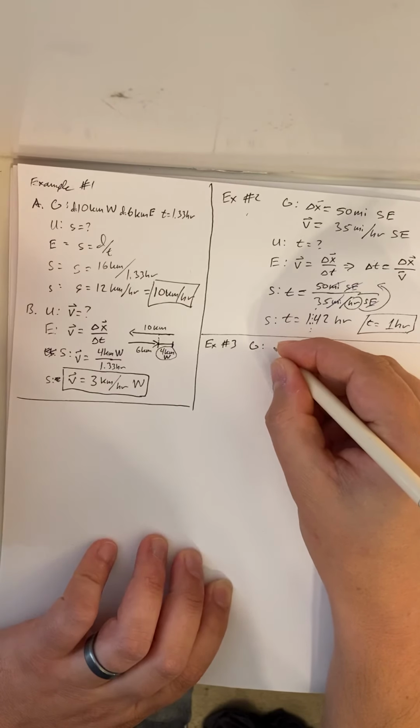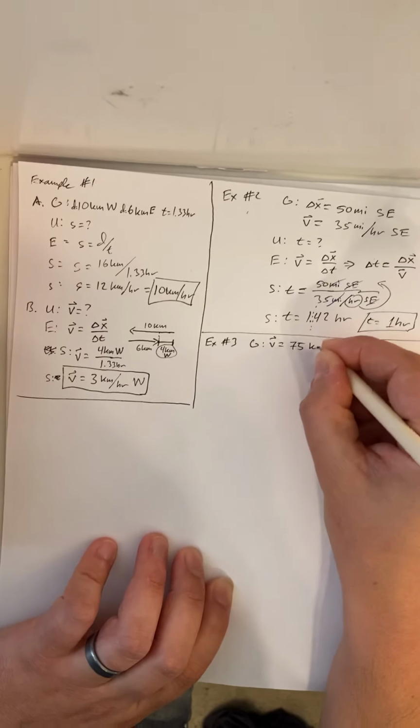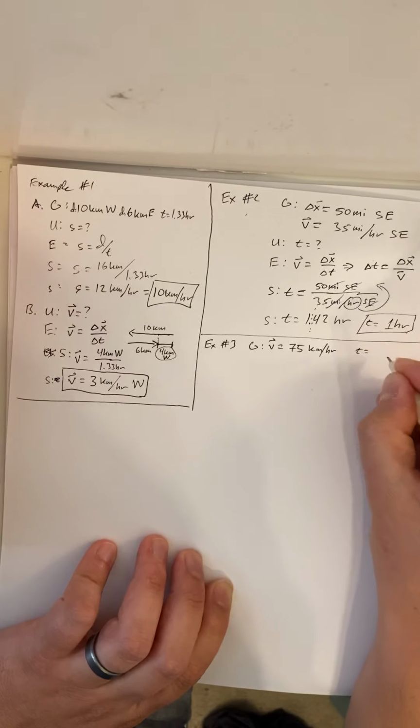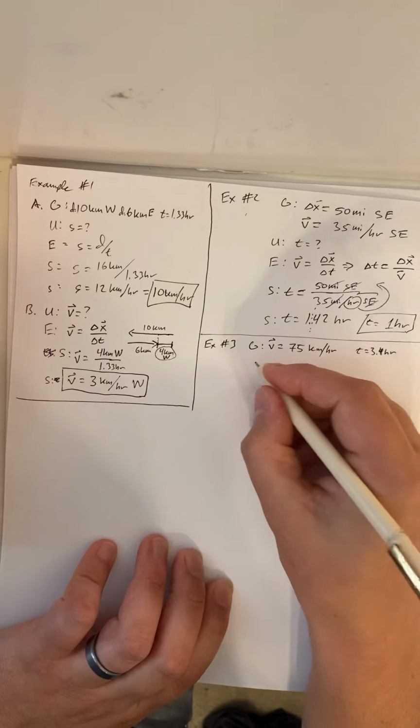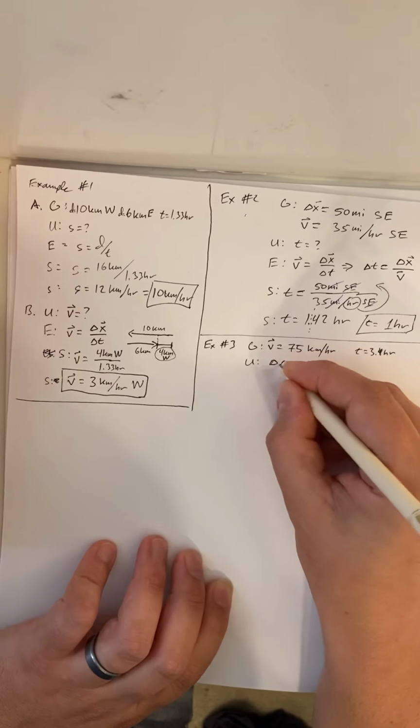Okay. Givens. I know velocity is 75 kilometers per hour. I know that time is 3.4 hours. My unknown would be the displacement.